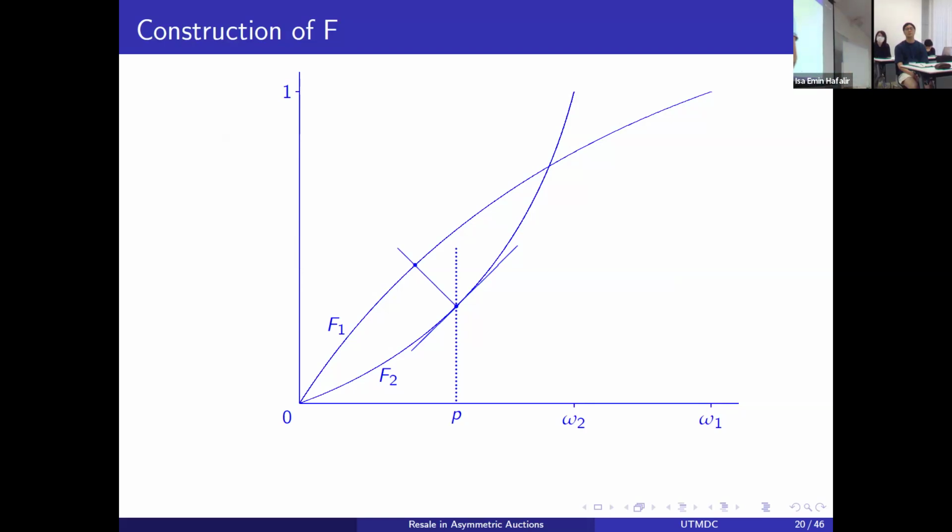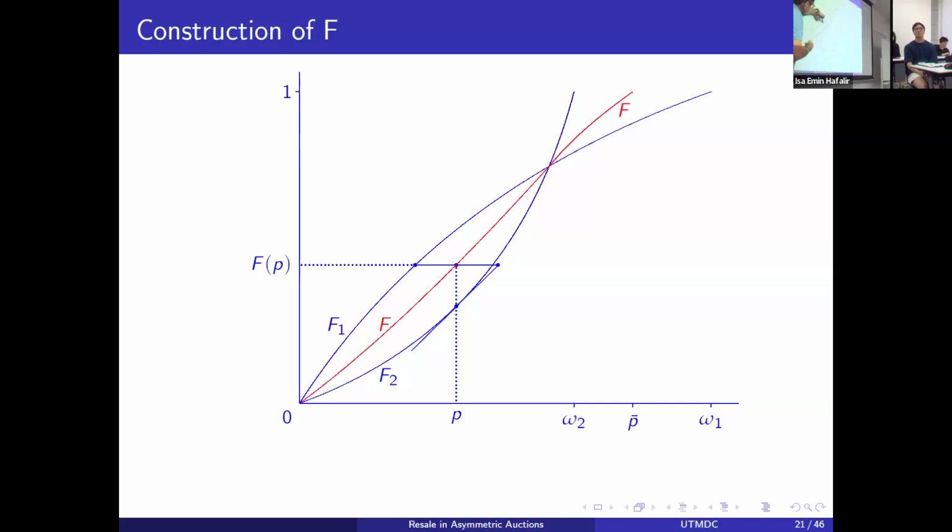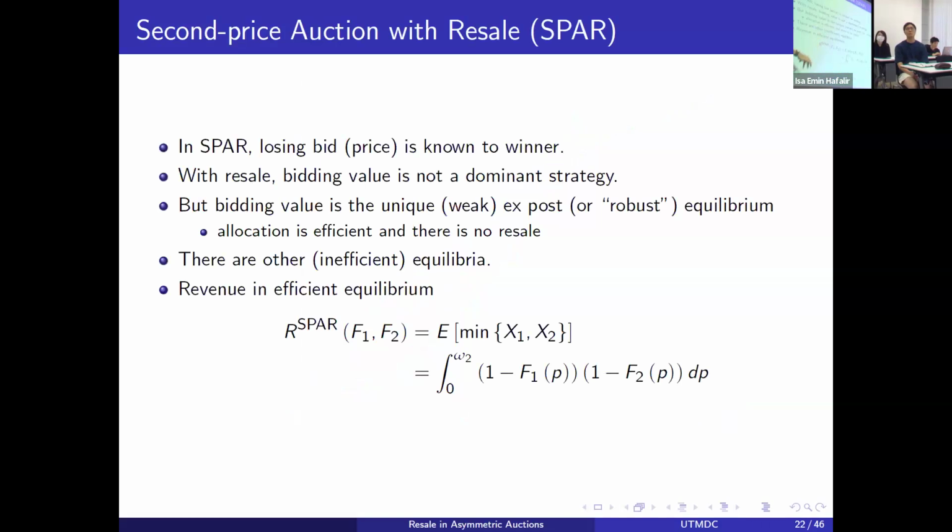Then I go horizontally over here and find the intersection point with this P. That's going to be my F value at P. So it has a very nice geometrical interpretation. If you do this for all P, then you will get F. All right, that's something that we liked. It doesn't give us anything new, it's just nice.